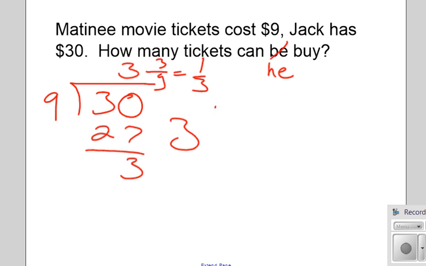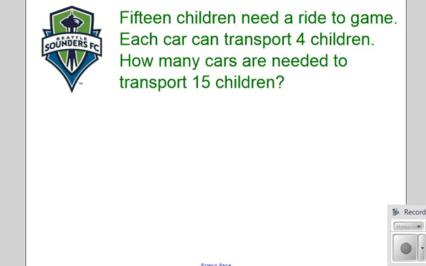So he can buy 3 1/3 tickets. But when you think about that answer, what is 1/3 of a ticket? It's not really a complete answer. So in the end, we would say Jack can buy 3 tickets, because that 1/3 is really just the change he's going to get back. So we can use that method.